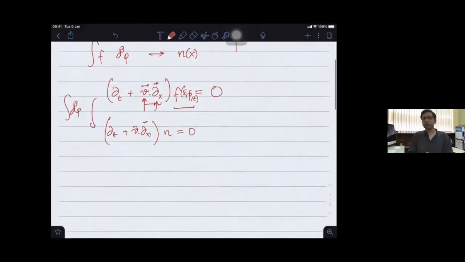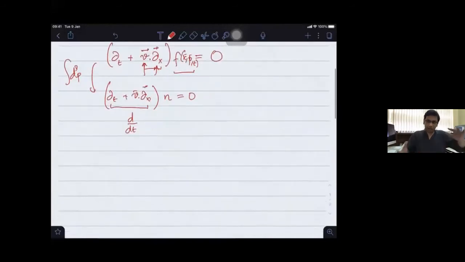In an expanding universe, what should happen? This should also be familiar to you as d by dt, the total time derivative of the number density, is 0. It basically says that in a closed box, the number of particles is not changing. But if the box is expanding, what should not be changing is not the number density, but the total number. So in fact, what must happen is that d by dt of n times V is a constant, if V is a function of time.